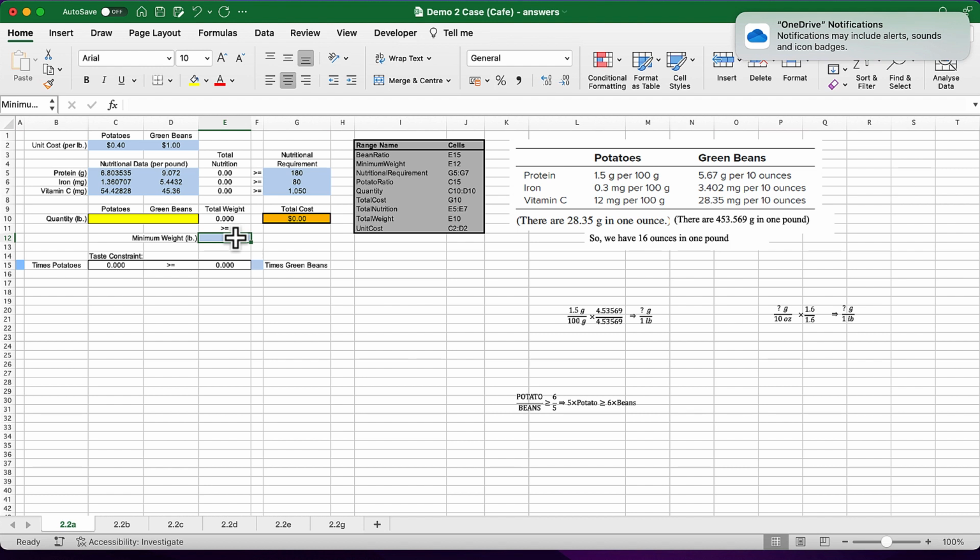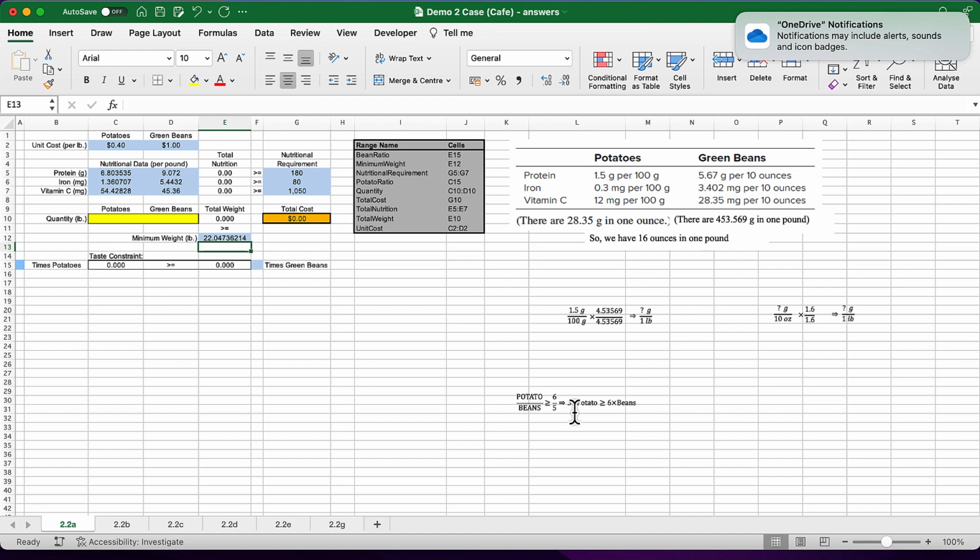So in this case, the target was meant to be 10 kilograms, and because we're looking at how many pounds that is, you need to make the conversion of 10,000 divided by 453.569, right, to give you this target in terms of pounds.